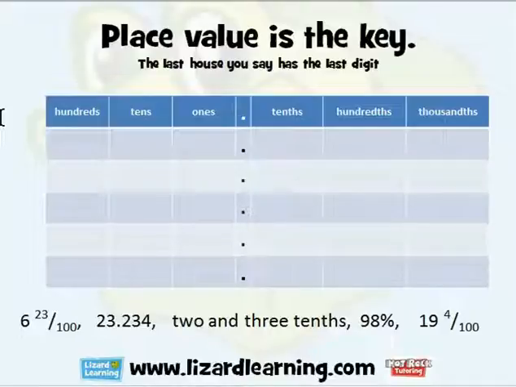So let us look at hundreds and place value. Each house reduces by a tenth. So if we got hundreds and then we divide by 10, we get tens.